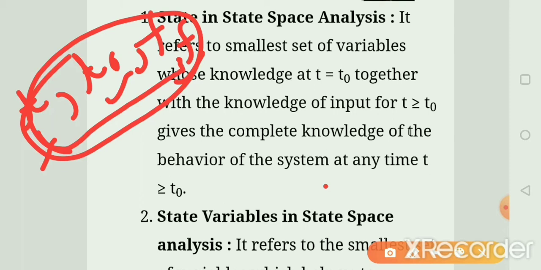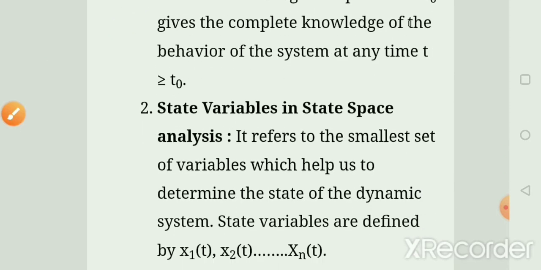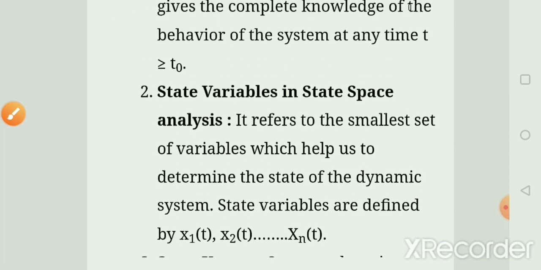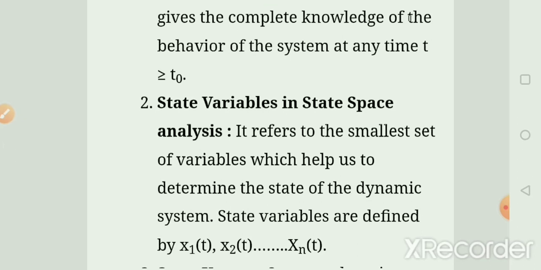The second is the state variable. In state space analysis, it refers to the smallest set of variables which help us to determine the state of the dynamic system. State variables are defined by x1(t), x2(t) and so on up to xn(t).